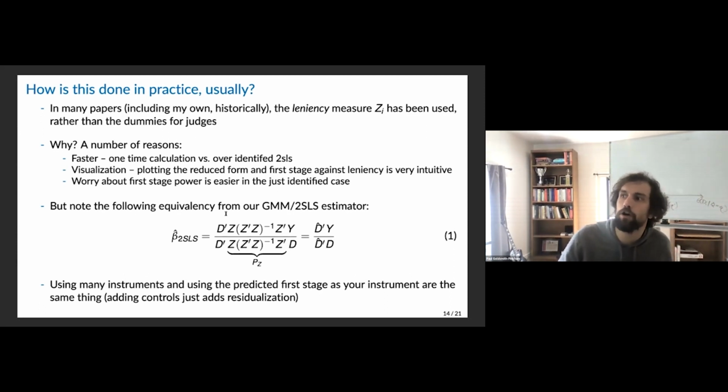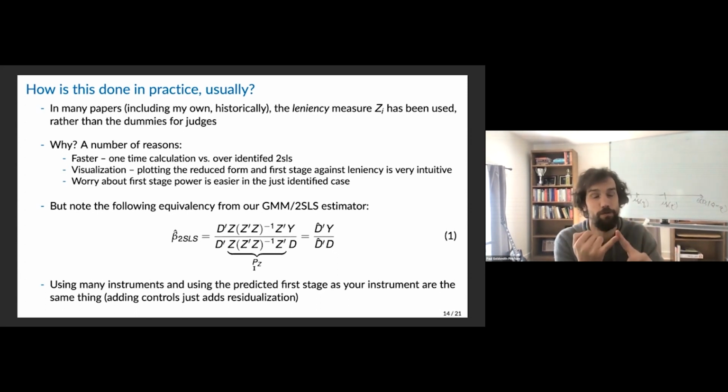doing it this way, think about our 2SLS estimator. This was what it looks like when we were over-identified. Remember, GMM/2SLS says you have D, Z, Z prime Z inverse, Z prime Y, and then you have the same thing on the denominator. Remember, these are just the projection matrices, right, under 2SLS? You can be exactly identified, just identified, or over-identified.